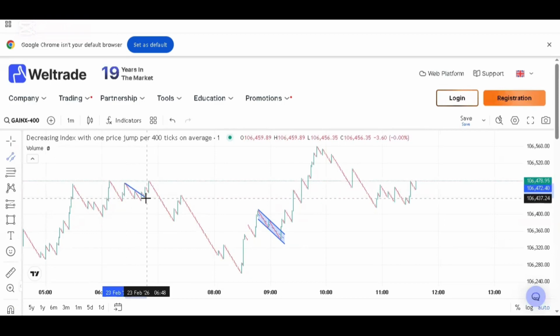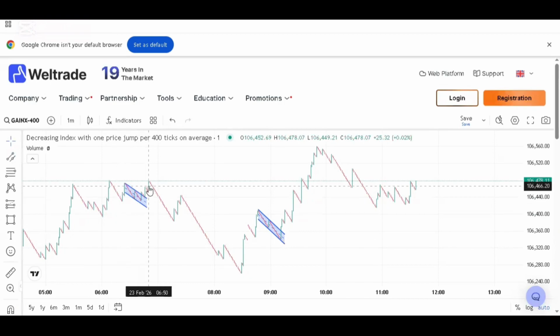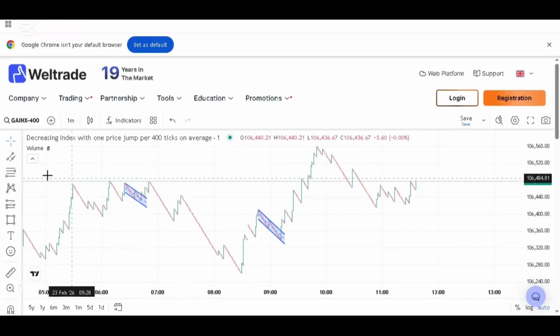You can see here, if we try to draw our parallel channel on M1, trying to catch 1 or 2 spikes, when you analyze on the 1 minute time frame, just to know that you're catching at least 1 or 3 spikes, right? So here we can say we have a channel where we have a breakout here. But after the breakout, check what happened. It dropped.